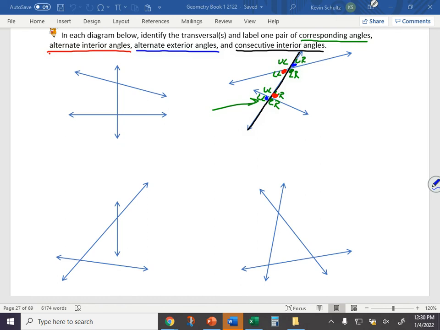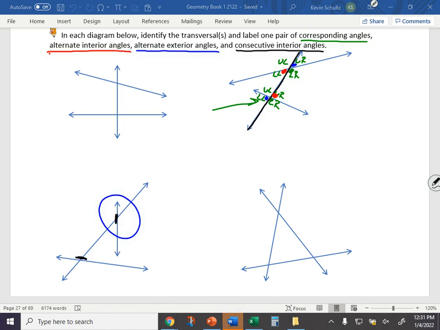All right, and then the one that's probably the trickiest as far as location would be one where you've got this, okay? If you think about it as inside and outside, these two angles here and these two angles here are inside of the lines, and then you can look at left and right or top and bottom based off of that.